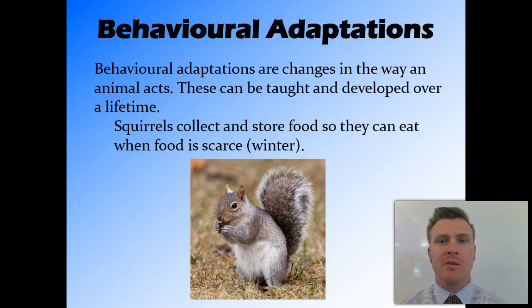This time squirrels, what they do is they know that the food is going to be scarce in the winter, so in the good months, in summer and spring, they hoard or store up nuts so that they can eat them throughout the winter. So they actually go and they store it all up. So this is a behavioural adaptation that helps them survive throughout winter.